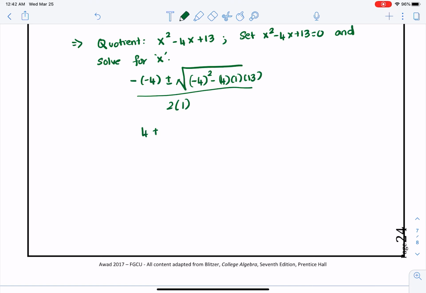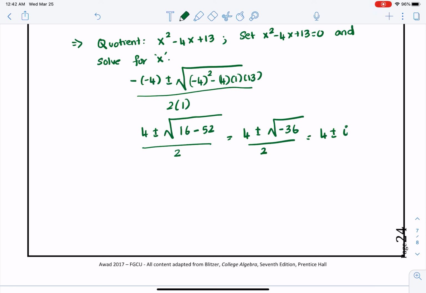So 4 plus or minus, looks like we've done this problem already. So we did it earlier today, so this was a waste of time. So divided by 2, so 4 plus or minus the square root of negative 36 over 2. When negative 1 comes out, we have i square root of 36 over 2. The square root of 36 is 6 over 2, so we have 2 plus or minus 3i.